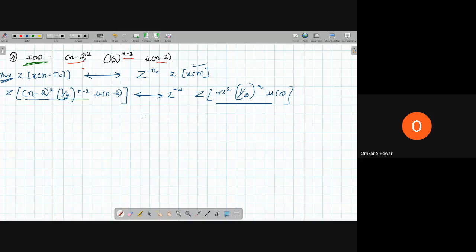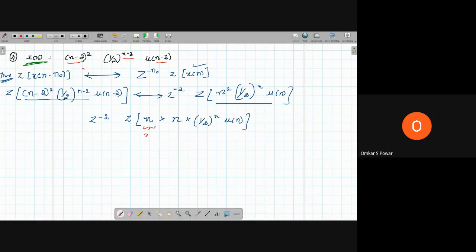So further, how can we simplify this one? Again, like previously, n square half power of n u of n, you can express as n into x of n. So let us do that. Z to the power of minus 2, Z transform of n into n half power of n u of n, because I can use the frequency differentiation property just like the previous one.